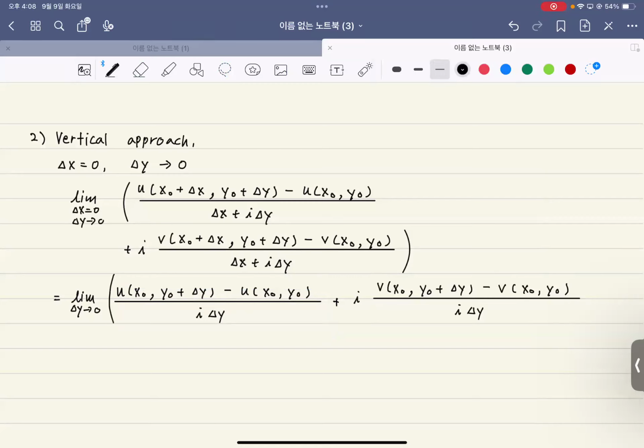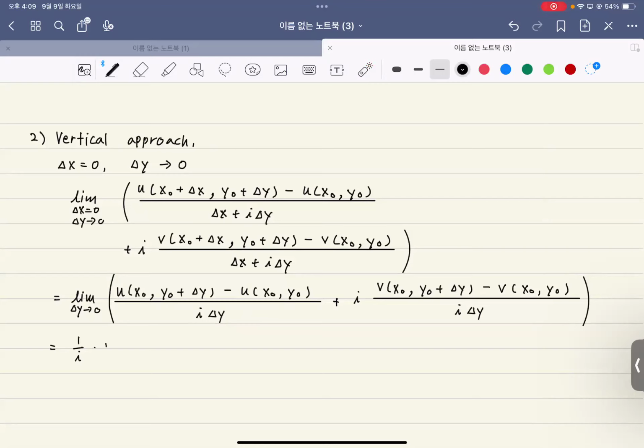Okay, all right. So the answer is almost a similar analysis, but this time the only difference is I have this 1 over i factor in front of this fraction.